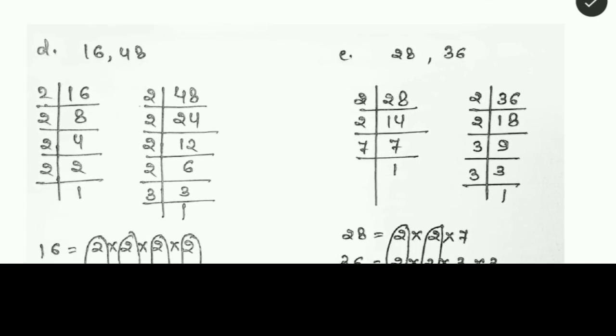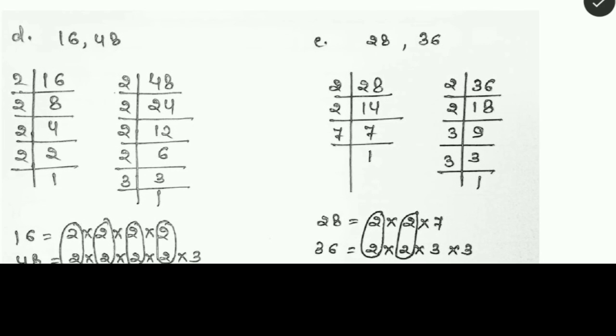And one more method is there for finding HCF. In this one, 16 and 48. So we can find the prime factorization of 16 and 48 separately. This 2 table: 2 8s are 16, 2 4s are 8, 2 2s are 4 and 2 1s are 2.